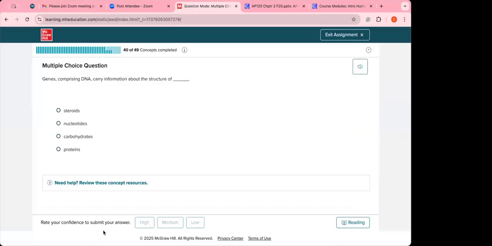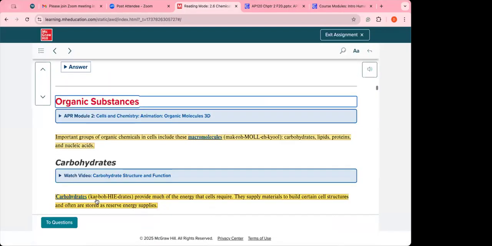Okay, let's see what we got here. Genes comprising DNA carry information about the structure of steroids, nucleotides, carbohydrates, or protein. Okay, this is a different concept. I think we've seen this before. Let's look it up. It's not carbs.